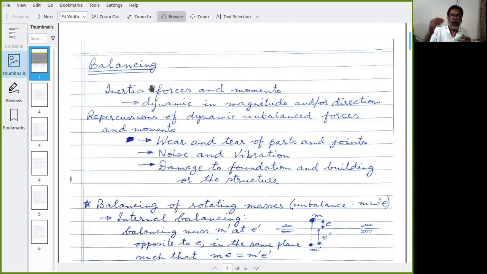If all the links which are connected to the frame give forces and moments which together are a balanced force system, then there is a possibility that the entire forces on the foundation or the frame balance.